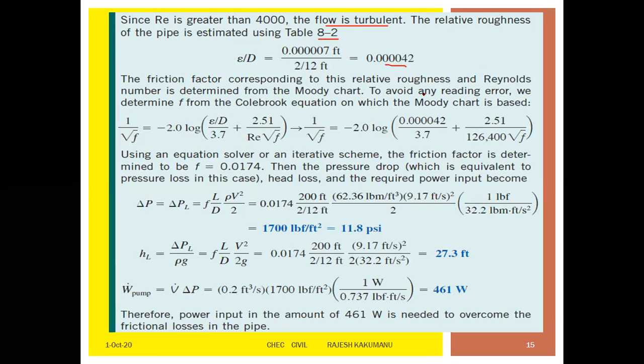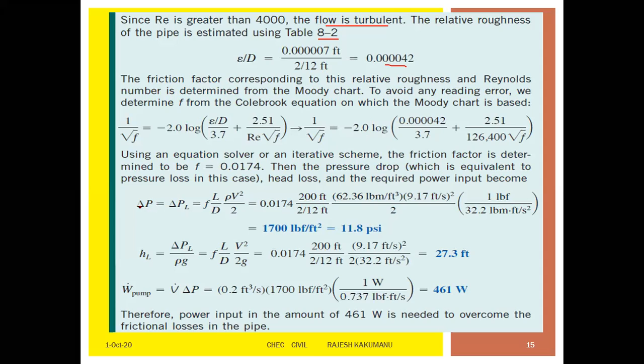So 1 by root f is equal to minus 2 log e by D by 3.7 plus 2.51 by Reynolds number into root f. Therefore, 1 by root f is equal to minus 2 log value, substituting values.